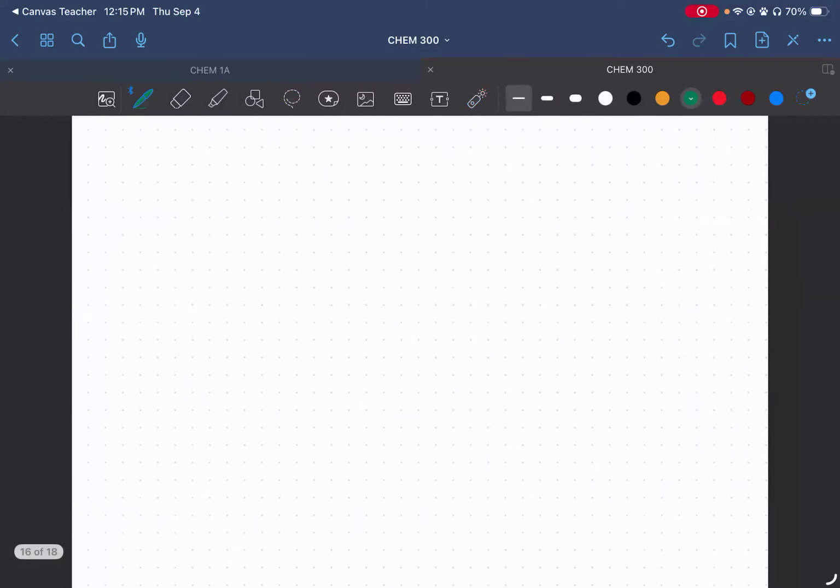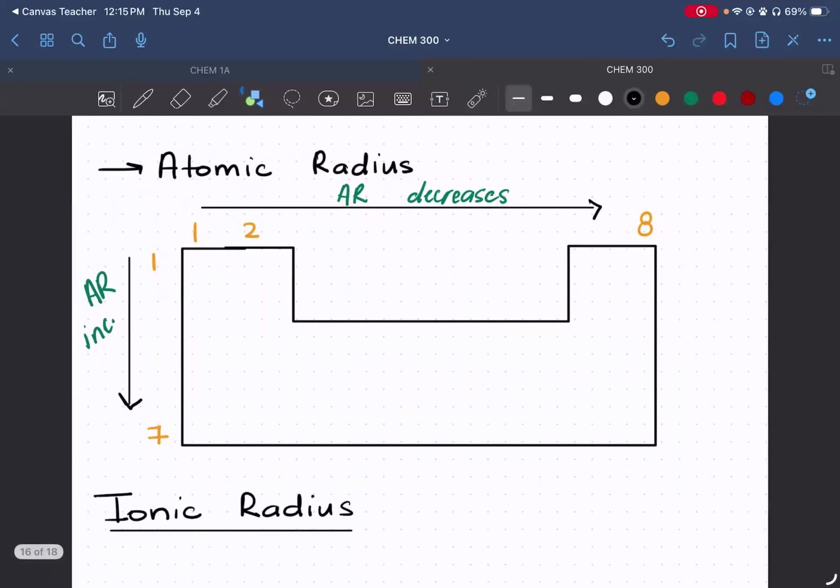Next up is ionic radius. Now, of course, the difference between atomic and ionic is that atomic is about the neutral atom, as found on the periodic table.